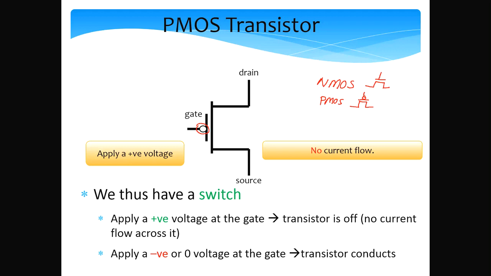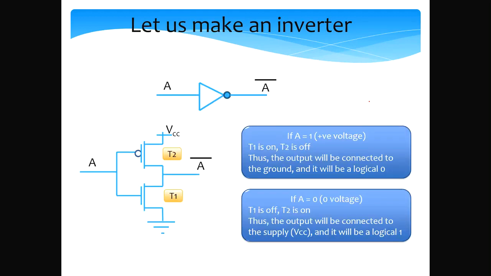If the voltage at the gate is 0 volts, either the gate is grounded or it has a negative voltage, current flows across the transistor, and if the gate has a positive voltage, then current does not flow across the transistor. So we have two different kinds of switches with different modes of operation.